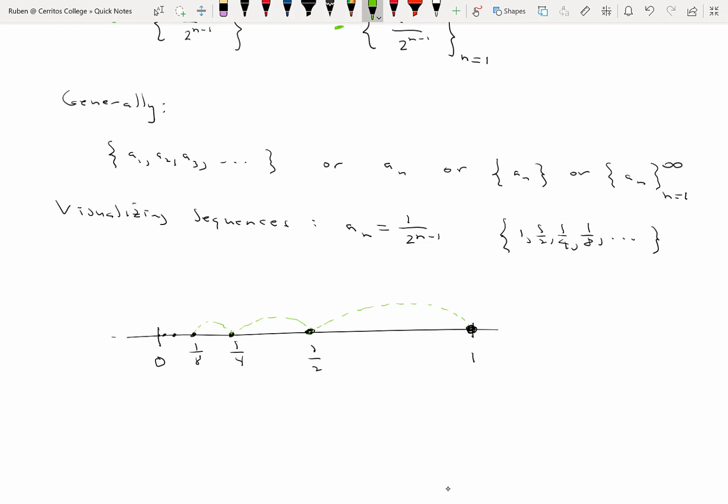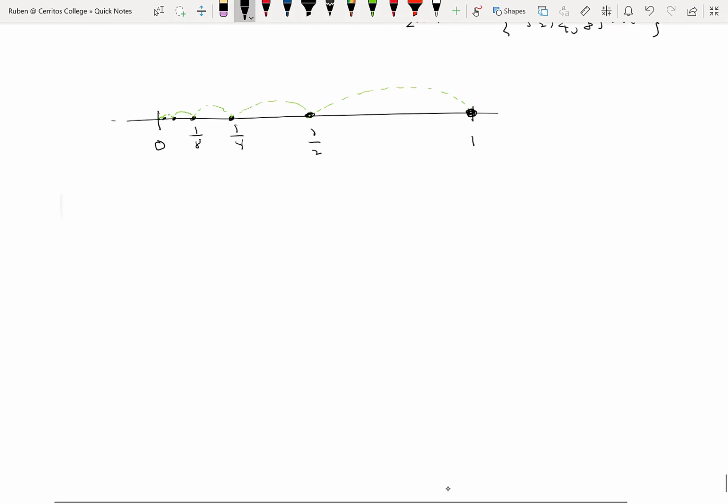So it's like a little bug is hopping toward the origin, and it's doing so in such a way that it cuts its distance in half to the origin at each step. So we go from 1, and half of the distance from 0 to 1 is a half, then half of that is a fourth, and an eighth, and so forth. Okay. The important thing is that you're able to draw a diagram that makes sense to you, because as I mentioned, we're going to need to actually see with our eyes what's going on with numbers and sequences and series.